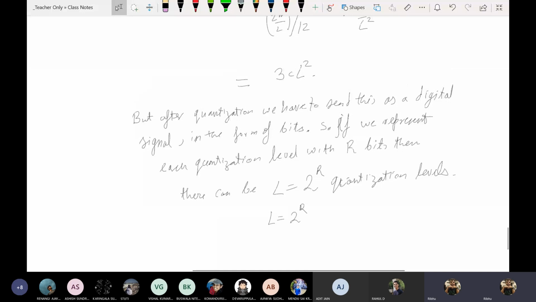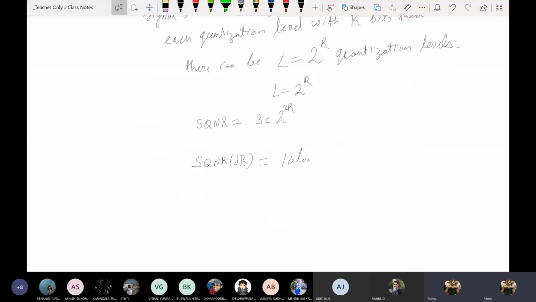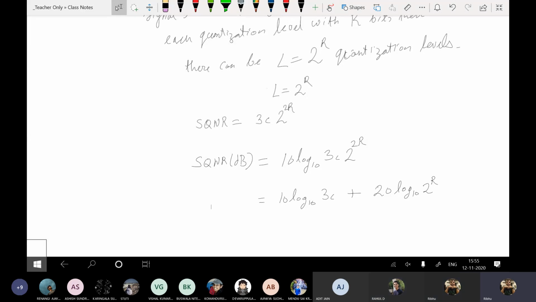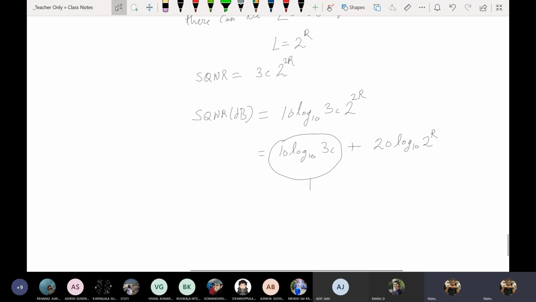So SQNR in dB equals 10 log 10 of 3C times 2 to the power 2R, which is 10 log 10 3C plus 20 log 10 of 2 to the power R. Depending on C, this can be some K, plus 20R log 10 2.